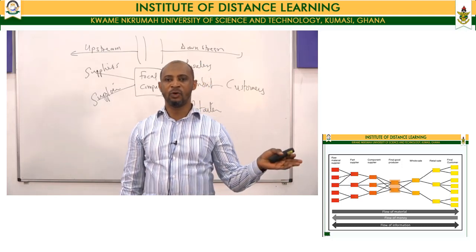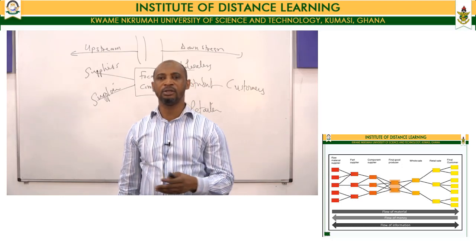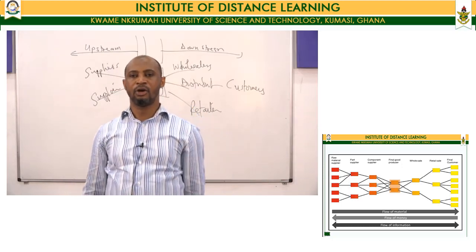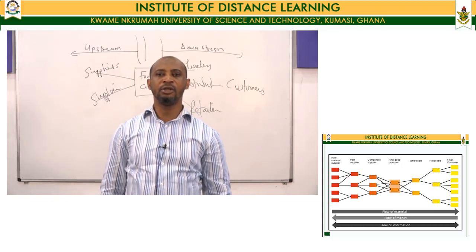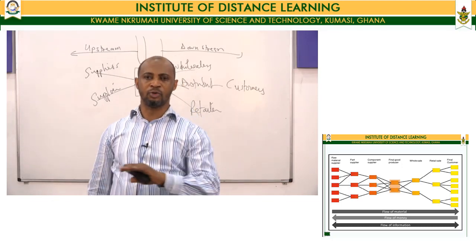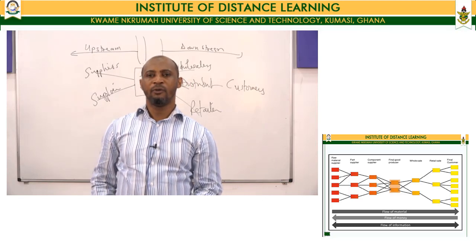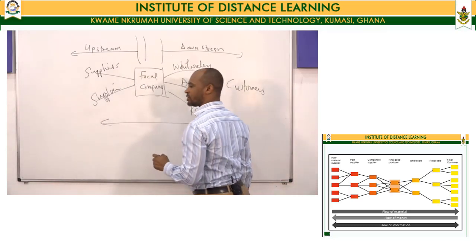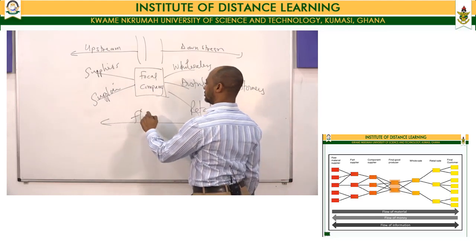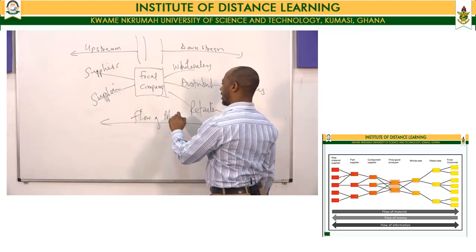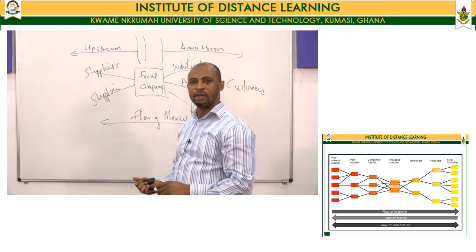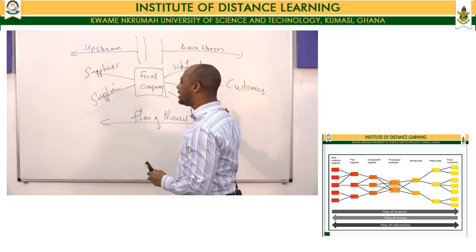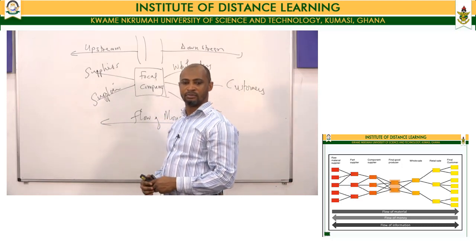So there is flow of material, there is flow of money, there is flow of information in between these organizations. Flow of money is mainly from the consumer. So flow of money is usually from downstream. It doesn't mean that there is no flow of money from upstream, but it is mainly from downstream.